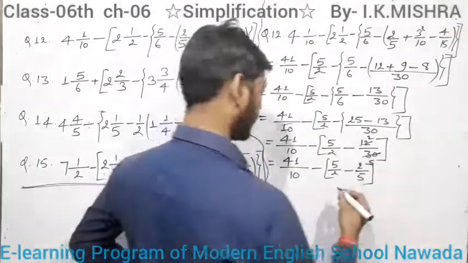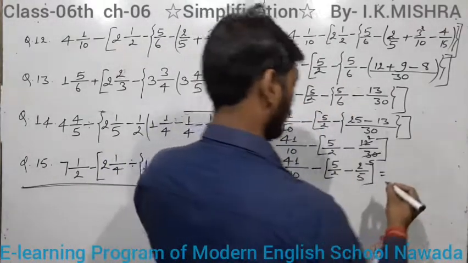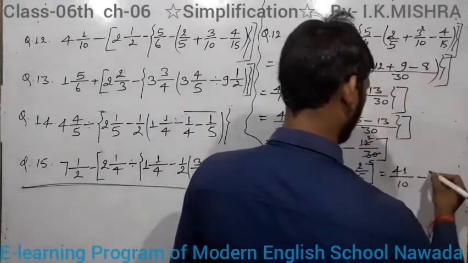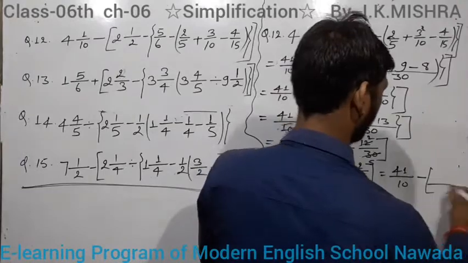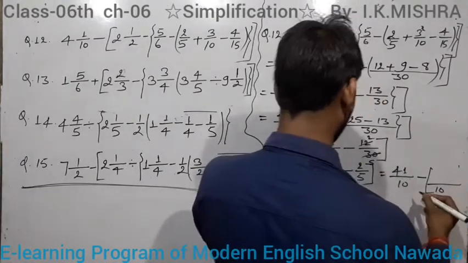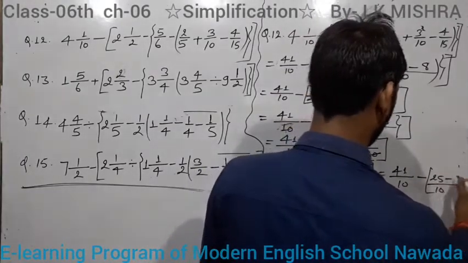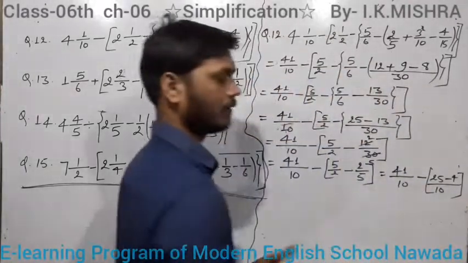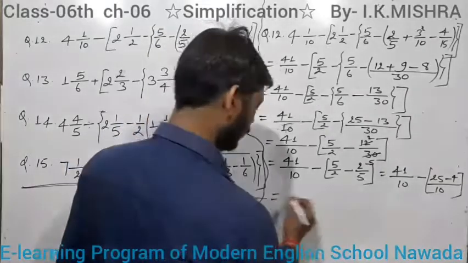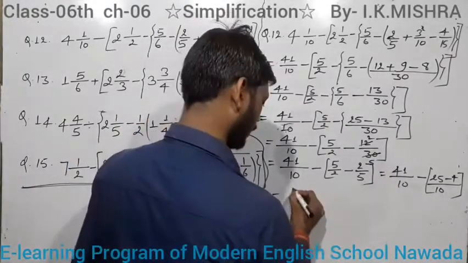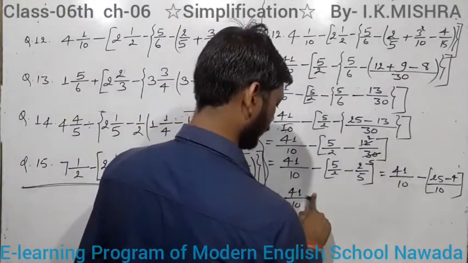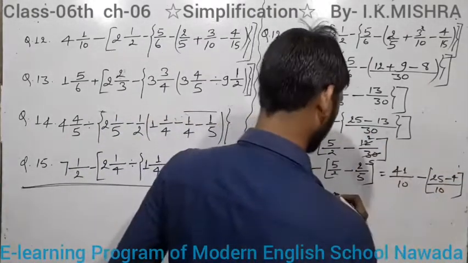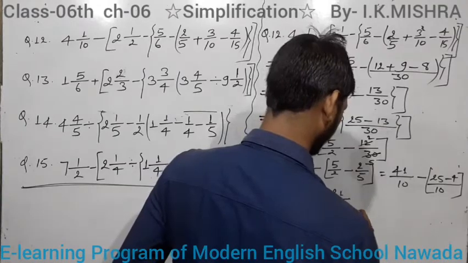Students, after that, 41 by 10 minus, LCM 10, and here 25 minus 4. Clear, friends? Now after that, 41 by 10 minus, subtract it, and 21 by 10.